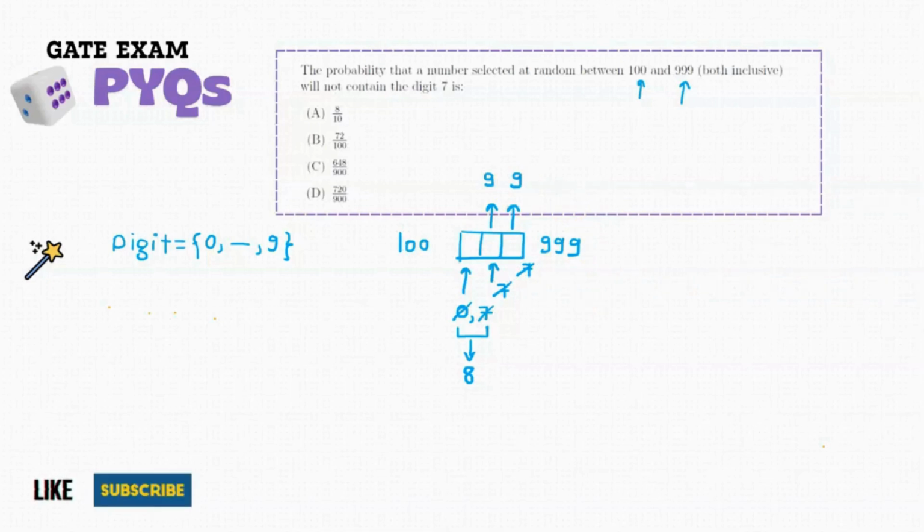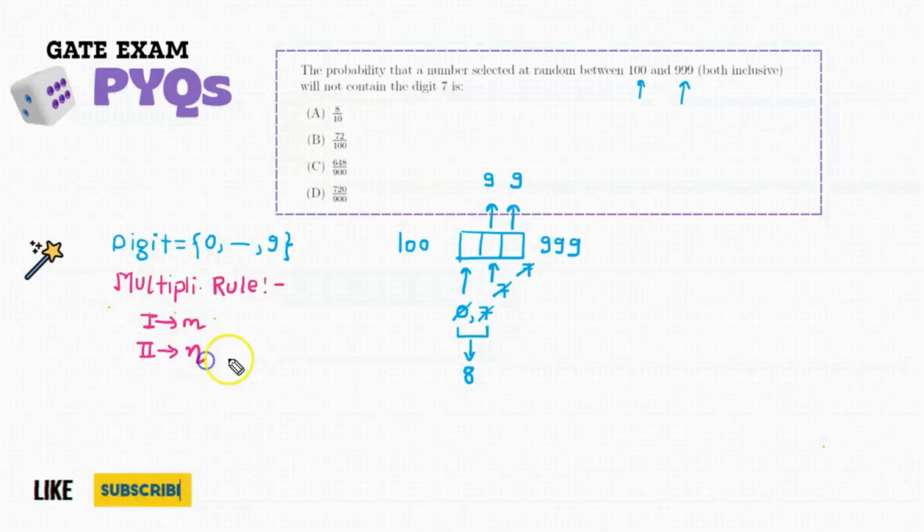Now, which rule is being applied here? The rule is our multiplication rule. We all have studied this. If we have two tasks, let's say task 1 and task 2, and task 1 can be done in m ways and task 2 can be done independently in n ways, then how many total ways are there to do these two tasks together?